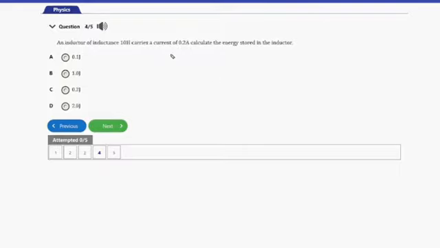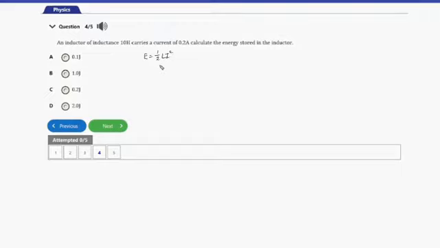That's question number 4 here. It says an inductor of inductance 10H carries a current of 0.2 amps. Calculate the energy stored in the inductor. Here as well we are going to have that E is equal to half Li squared.